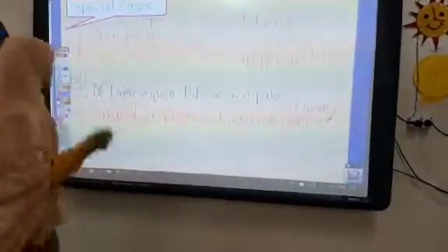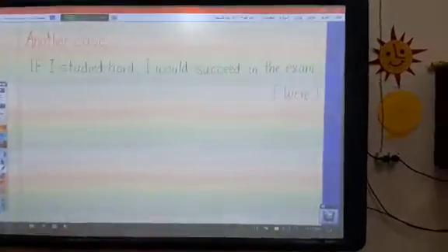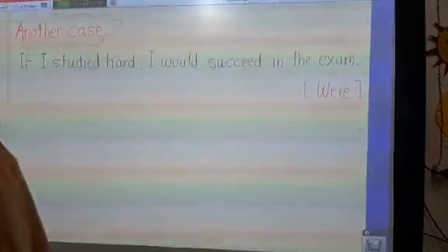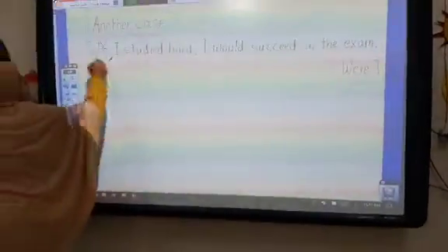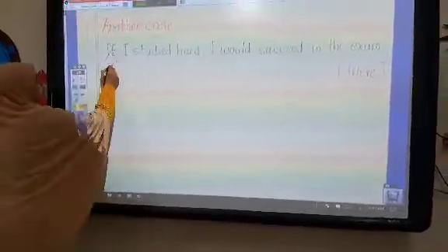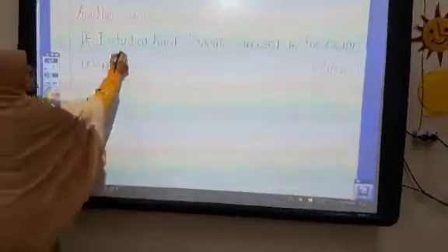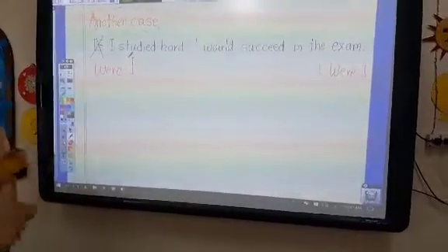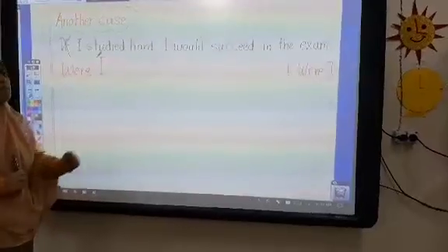This is a special case. Let's move on to the second example. If I studied hard, I would succeed in the exam. If I asked you to use the word were, what will you do? As I did before, I will omit the word if and replace it with were. And then I write the subject. The subject here is I. But in this case, I can't write the verb studied.